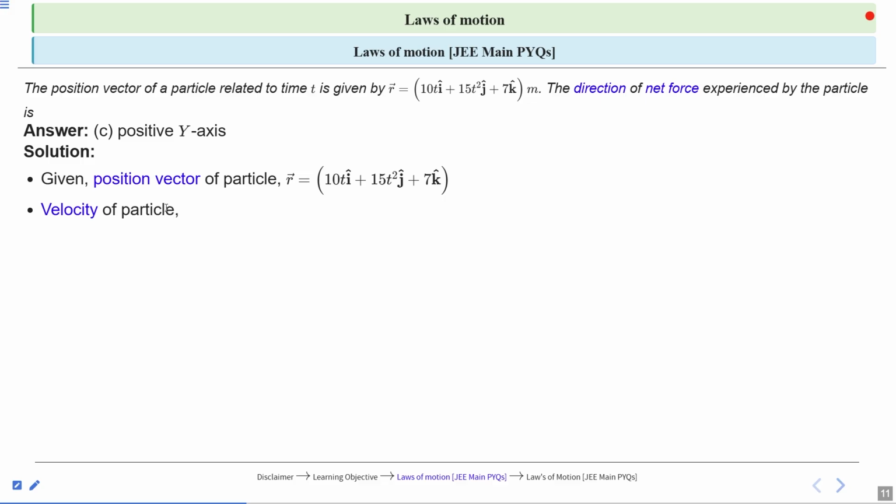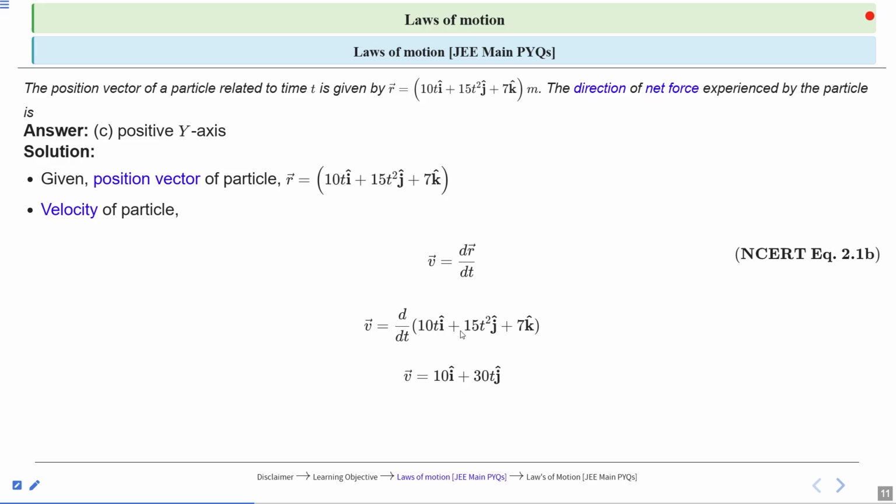And the velocity of the particle, we can calculate from the position vector. Velocity of the particle is equal to rate of change of position. So we can say v is equal to dr upon dt. Just substitute the value of r, that is 10t i cap plus 15t square j cap plus 7k cap. Now differentiate the position vector with respect to time.